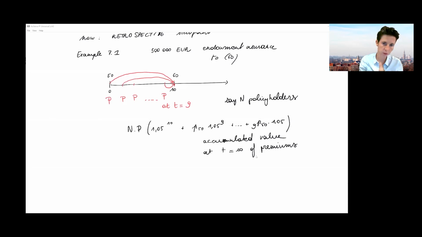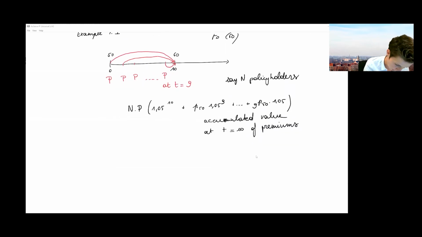And now we're also going to take the other part of my cash flow into account. And that is, I'm going to ask myself, what is the value at time 10 of the insured benefits that I paid between time 0 and time 10, right? So if I would picture that as well, I've got a visual like this.